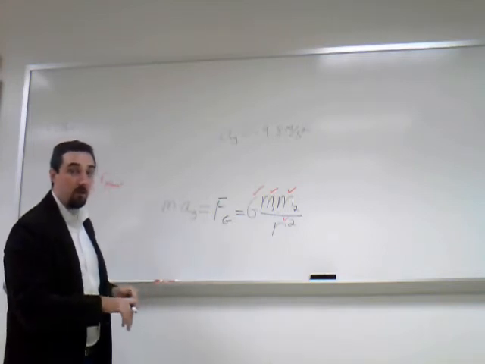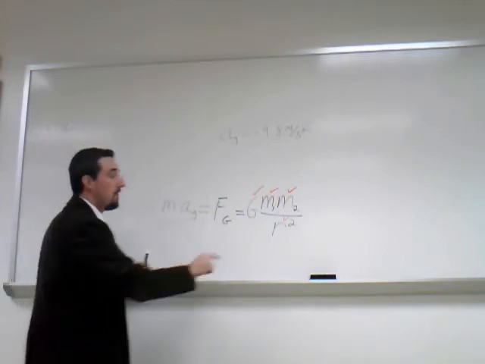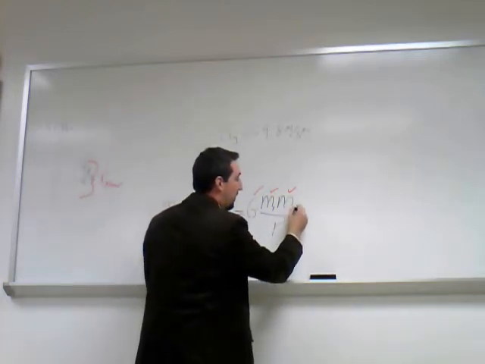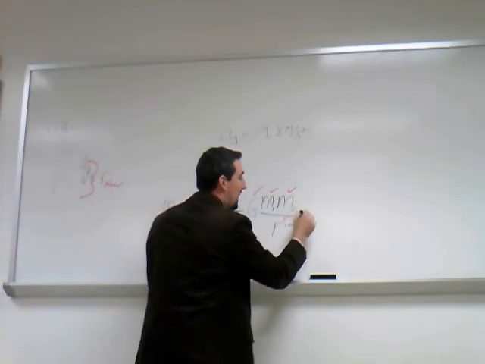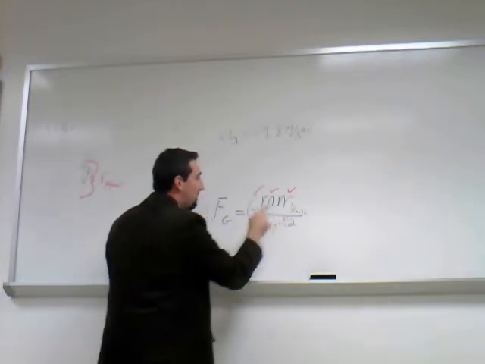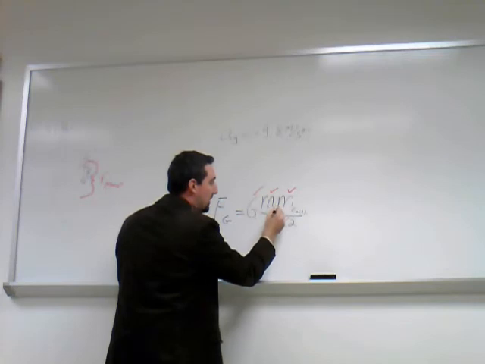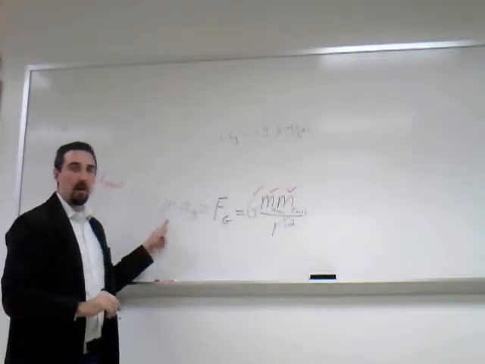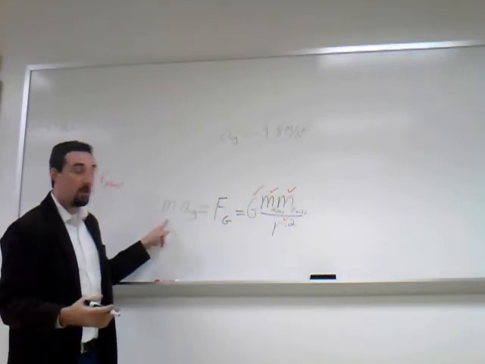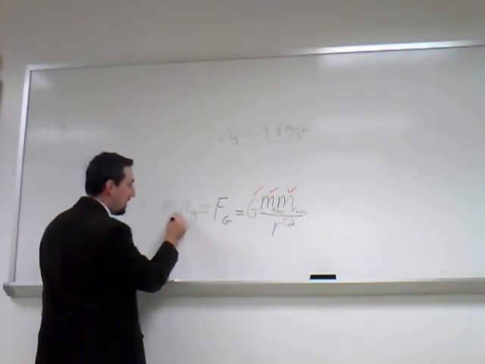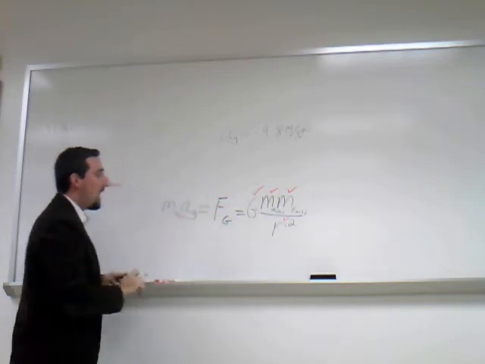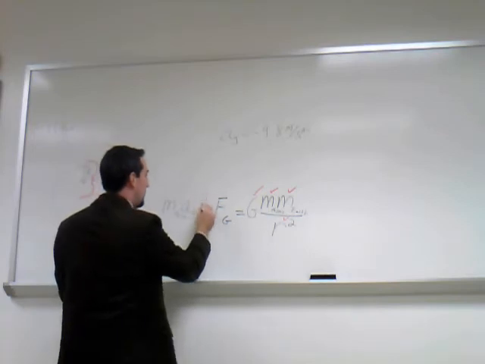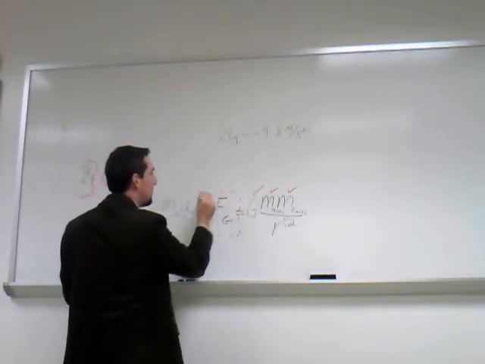So on Earth, if I were to do this problem, M2 could be written as mass of Earth, and M1 could be the mass of my object. Well, over here, I only have one mass. This mass is the mass of my object. And if I look at my formulas right now, I can just skip this whole piece.